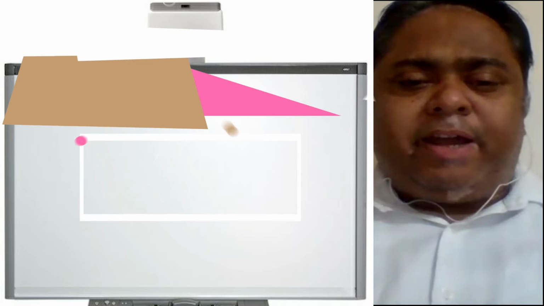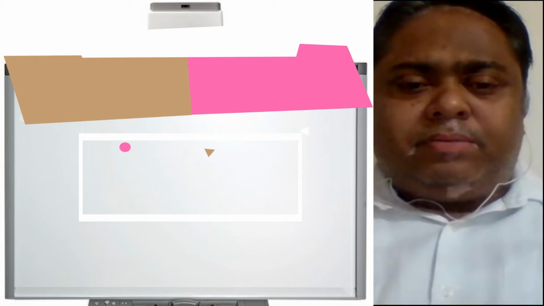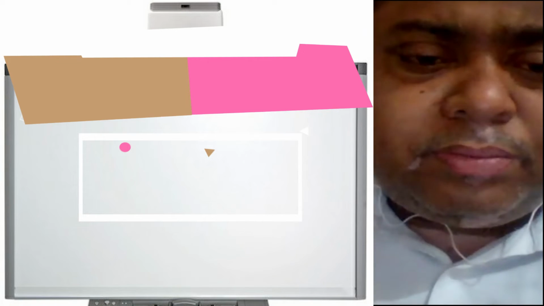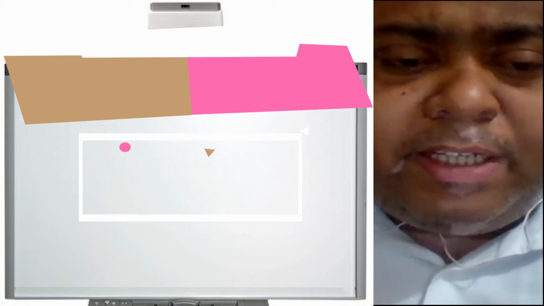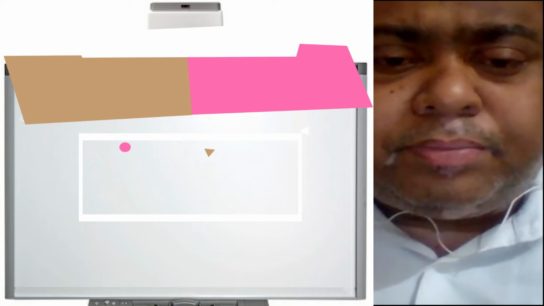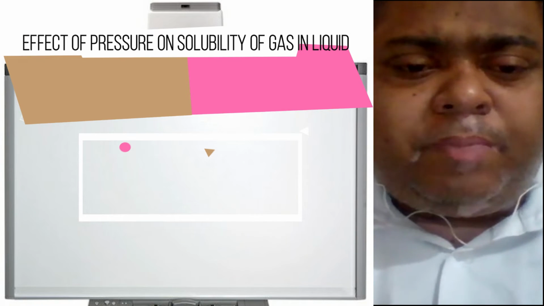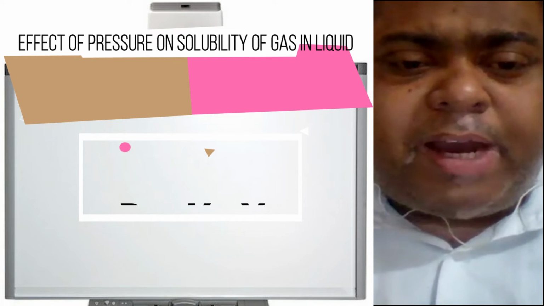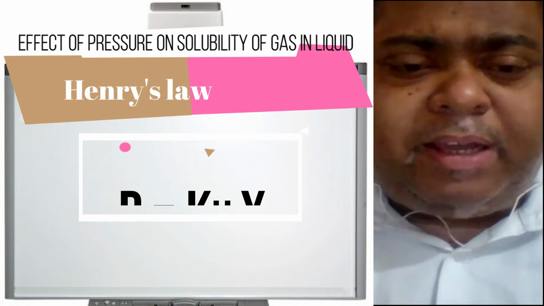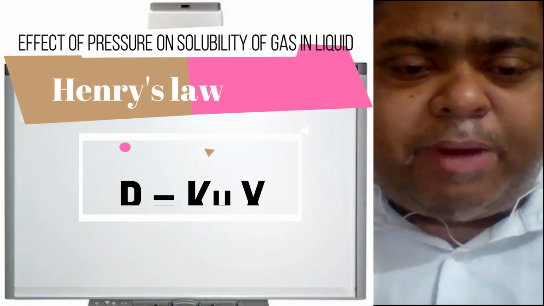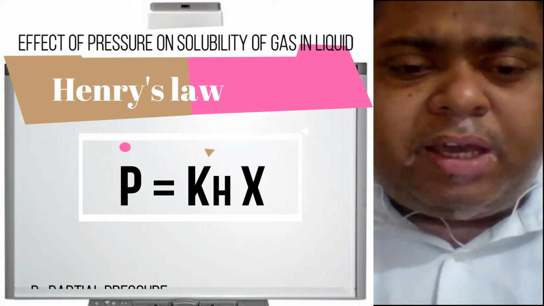This was studied by Henry, and he gave a law that the mole fraction of the solute, gaseous solute, dissolved in a liquid is directly proportional to the pressure exerted by the gas on the solution. That means if pressure exerted by the gas on the solution is denoted by P, then it will be proportional to the mole fraction of the gaseous molecule.